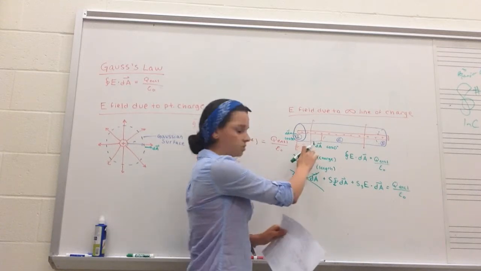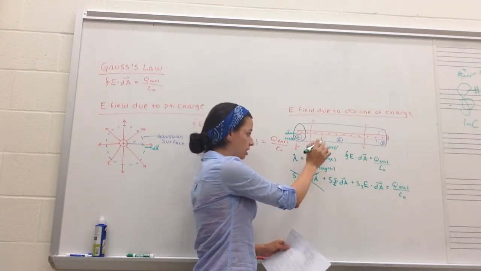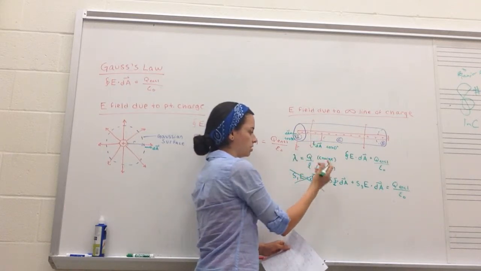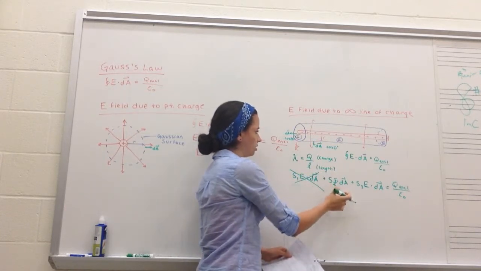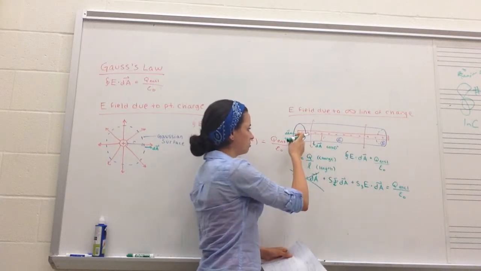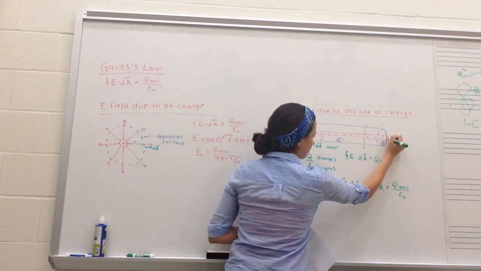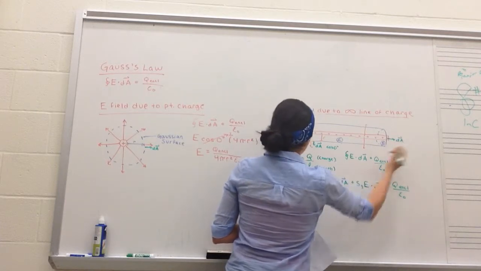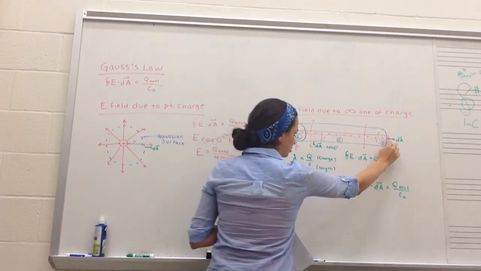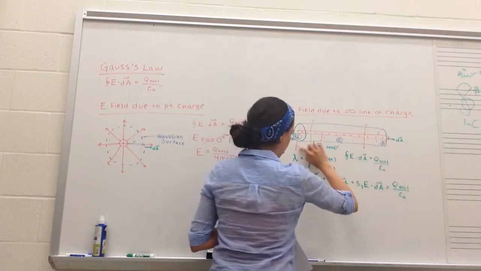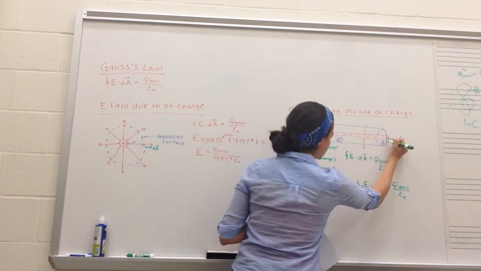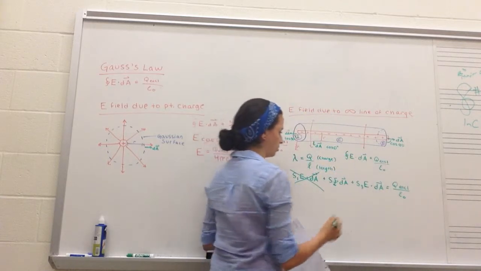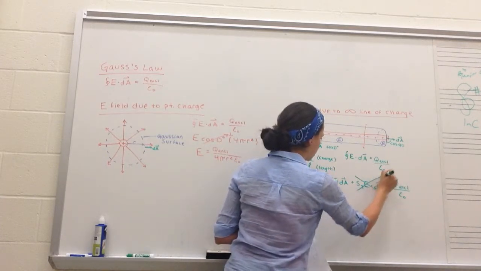Here, the cosine is 0, because there's no difference in angle between these two. And so that we need to keep, because we're going to deal with that later. And then for surface 3, it's the same deal as surface 1. The dA vector is going out like this. The E vector is going down, just like over here. And that makes a cosine of 90, which of course equals 0. So this surface 3 also goes away.